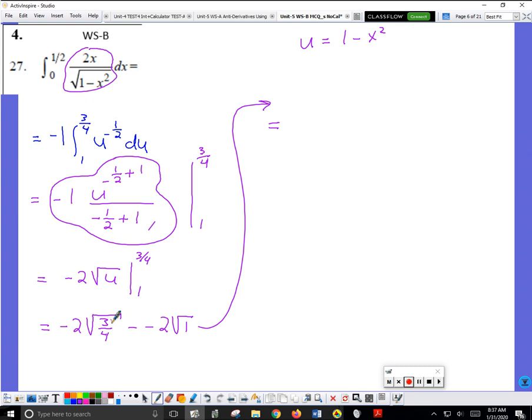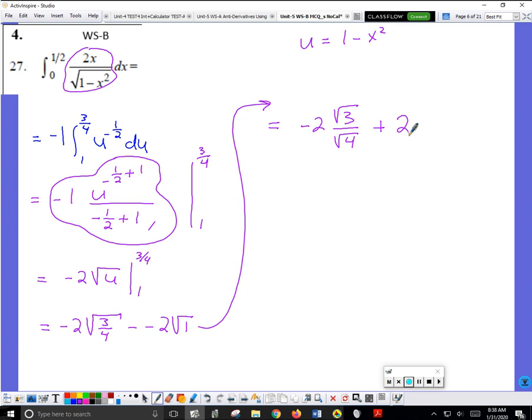You practiced this years ago. It's been a while. Just have to remember. If you have the square root of two things multiplying, you can split. Adding or subtracting, you cannot. So this becomes negative 2, square root of 3 divided by square root of 4. Subtract, plus, as Micah said. Root 1 is just 1, so like that.